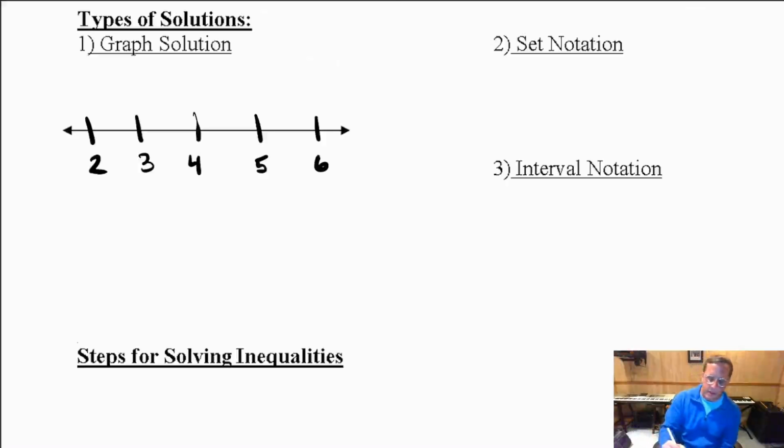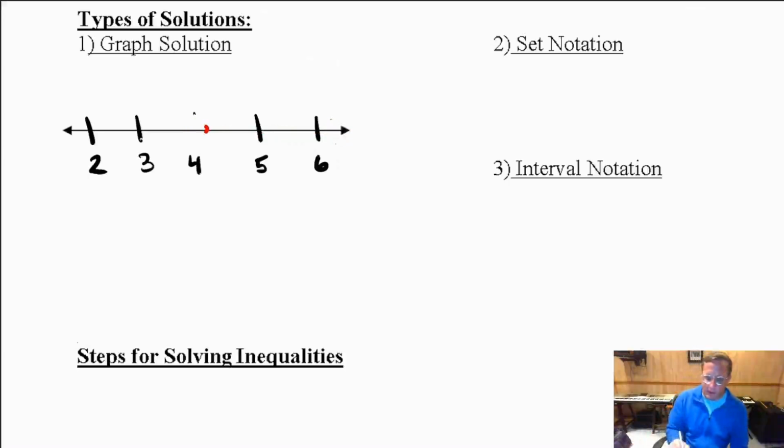You can put the point itself right on the number line like that. And then you're going to draw a vector, also known as an arrow or shaded in. You're going to draw your vector going in the direction that the inequality is telling you to go. So for that one, that would be greater than.